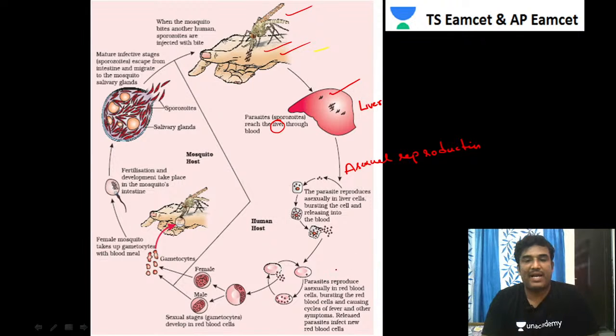From the liver, when they are released into the blood, they enter into red blood cells. So again they enter into red blood cells.